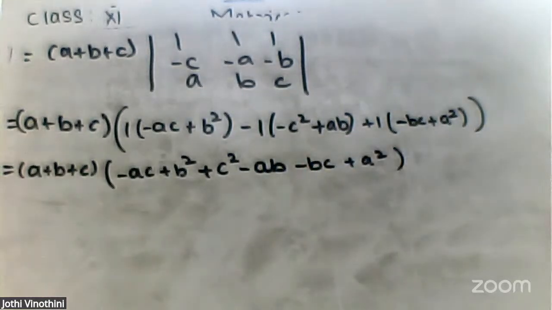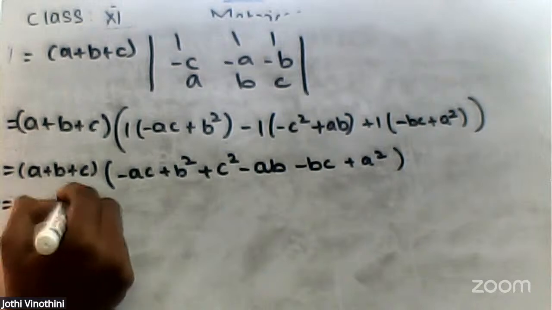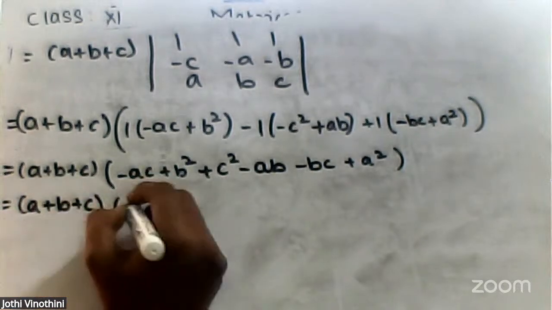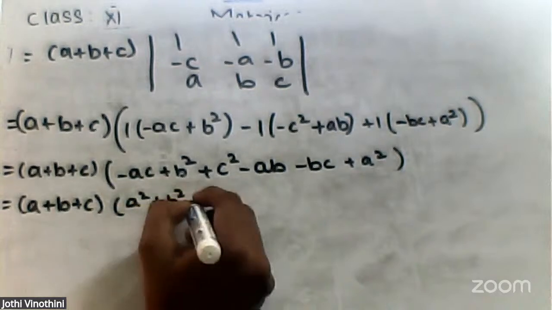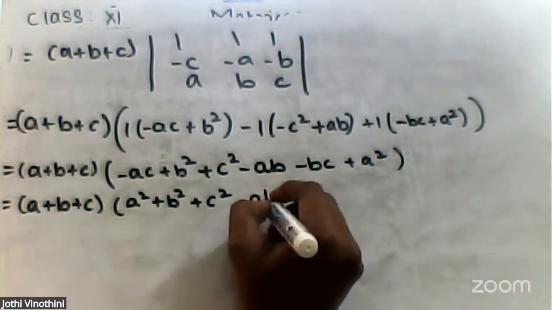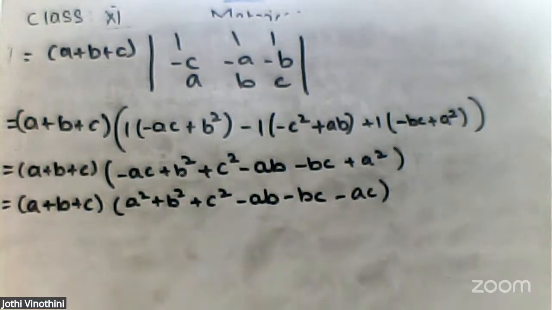Right? So I can rewrite this. It will become A plus B plus C multiplied by A squared plus B squared plus C squared minus AB minus BC minus AC.